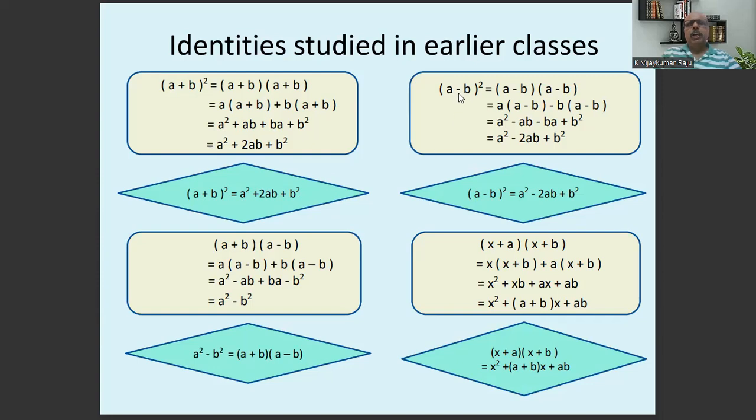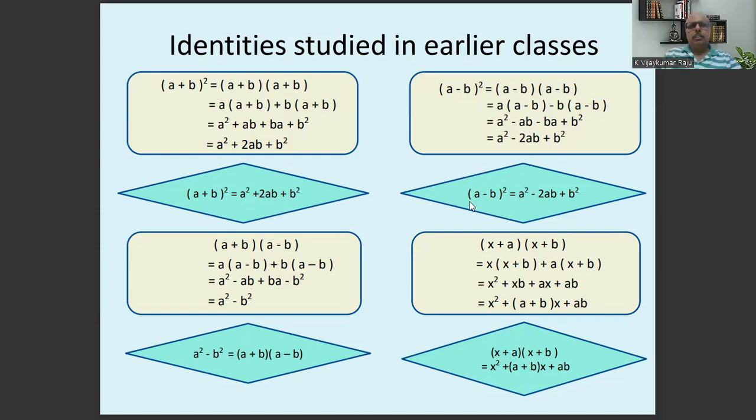In a similar way, (a minus b) whole square is (a minus b) into (a minus b), which is a square minus ab minus ba plus b square. That is a square minus 2ab plus b square. So this is your second identity. Now, if you compare these two, if there is a positive sign, the middle term is positive.